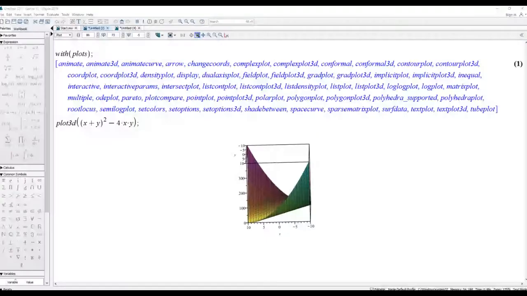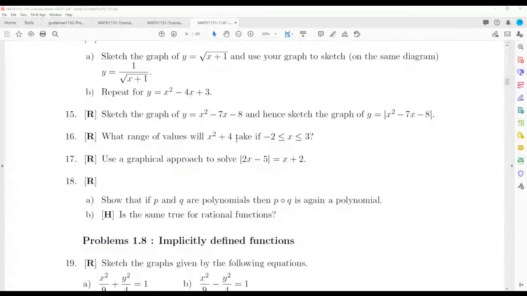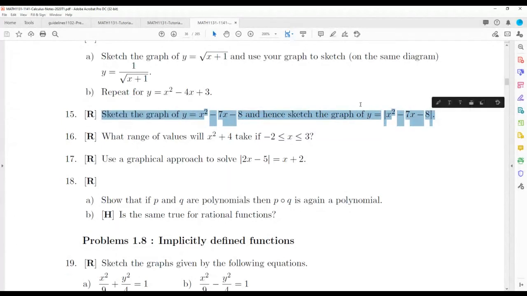Okay, so there's a question. Actually, I'll go to my PDF first. Let me show you the PDF first. Here we go. So there's a question here which involves quadratic equations or curves, right?